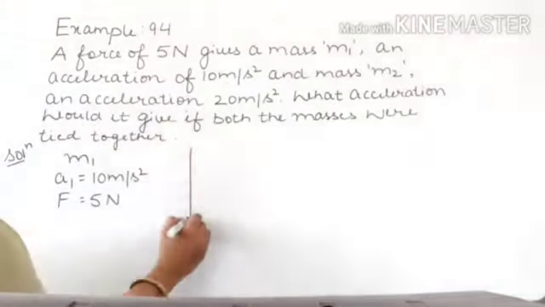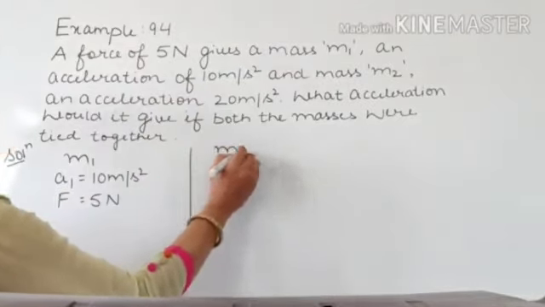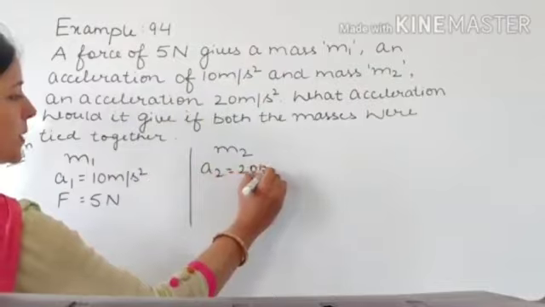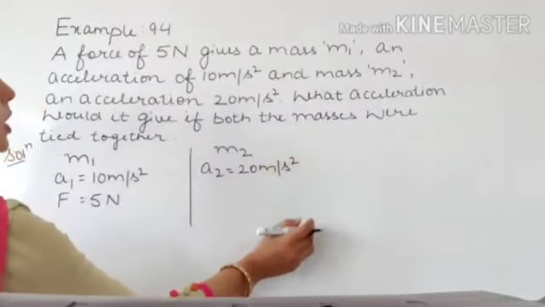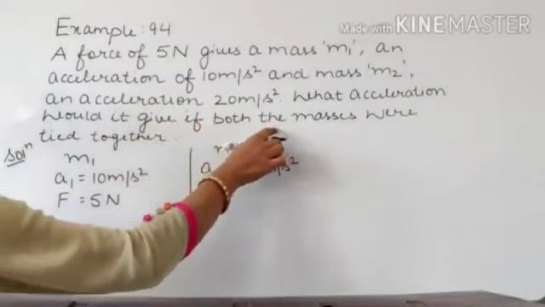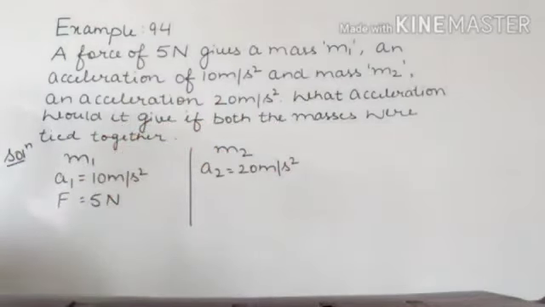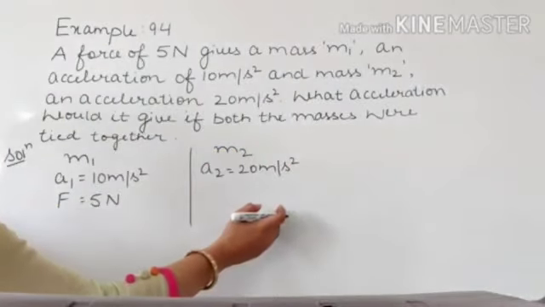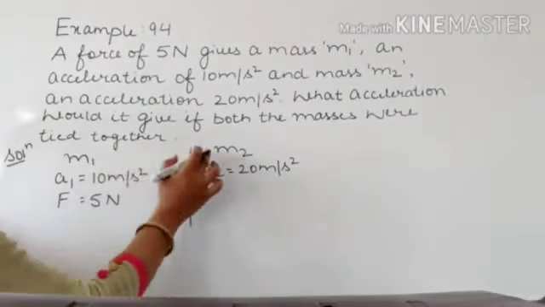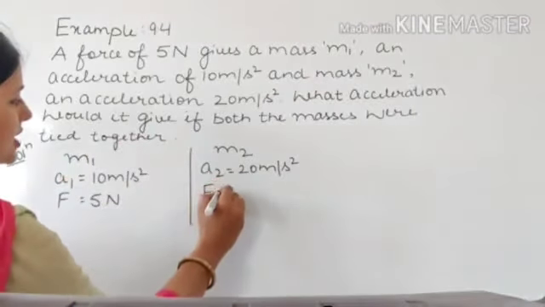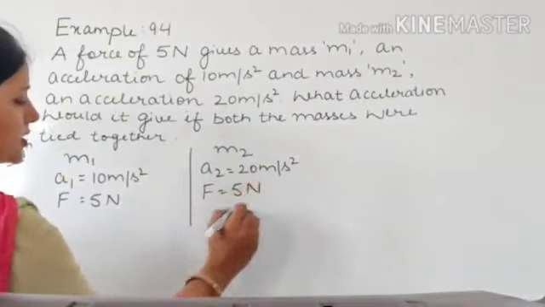And for mass m2, acceleration is 20 meters per second square. What acceleration would it give if both masses were tied together? It means we have to find out the total acceleration produced by the combination of these two masses. And for these two masses, the force is the same, that is 5 newtons.